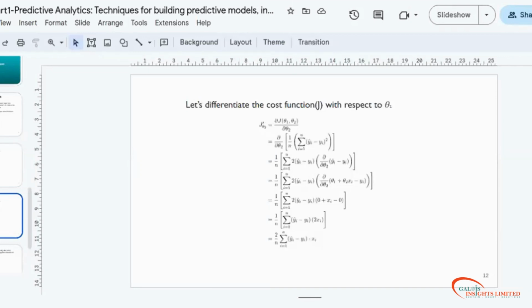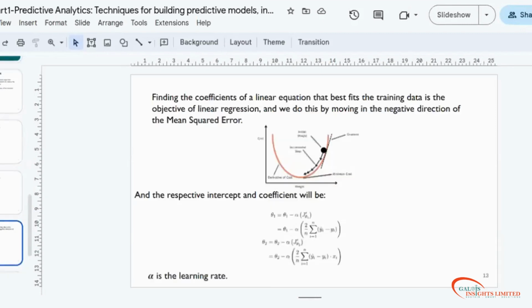So you do the same thing for theta 1 as well. You go through the same process again. Yeah, so the whole idea is in finding the coefficients of the linear function that I introduced to you previously, the linear function that best fits the training data.